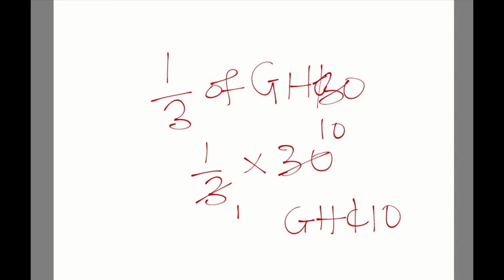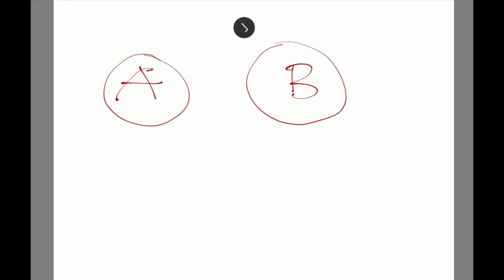So if we have two quantities, say quantity A and quantity B, and we are expressing quantity A as a fraction of quantity B, it means we are looking for what fraction A is contained in B.